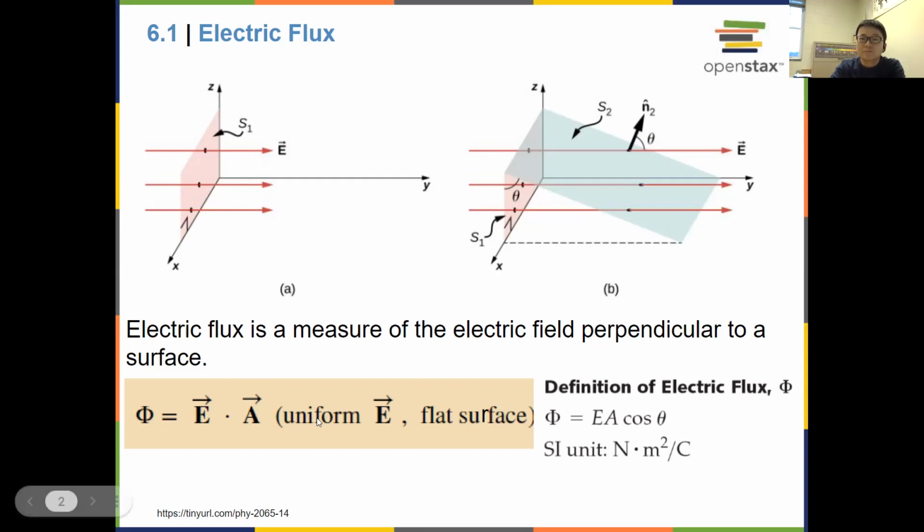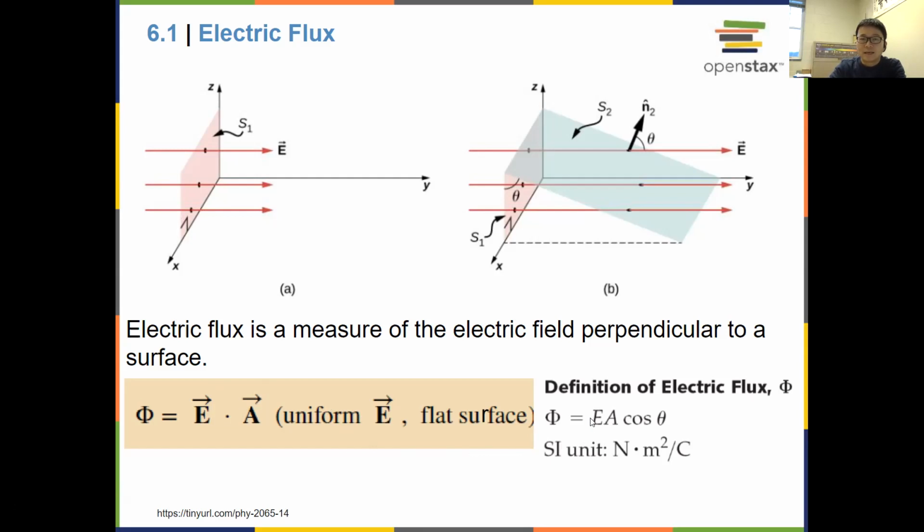For a flat surface, this is a constant vector. We'll talk about uneven, not flat surfaces later on, but for right now, focus on flat surfaces. In this case, E and A vectors have a dot product, so the magnitude will be EA cosine theta.